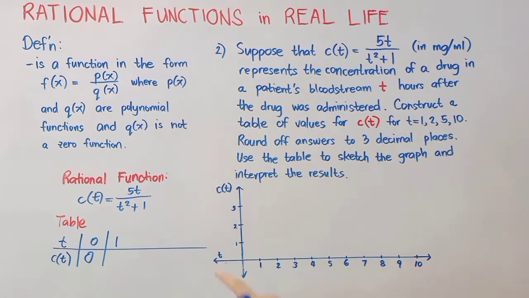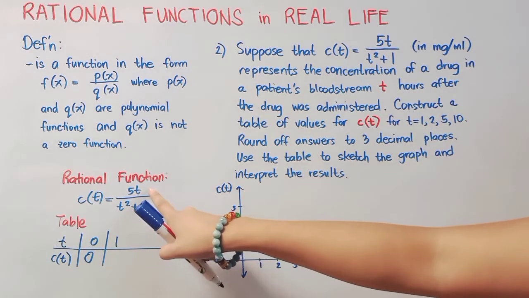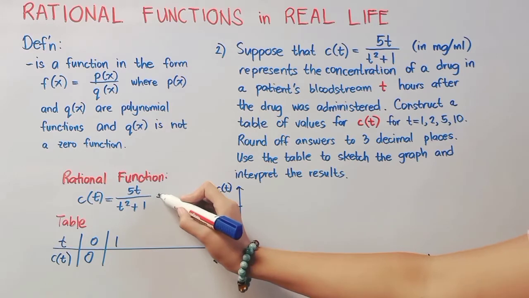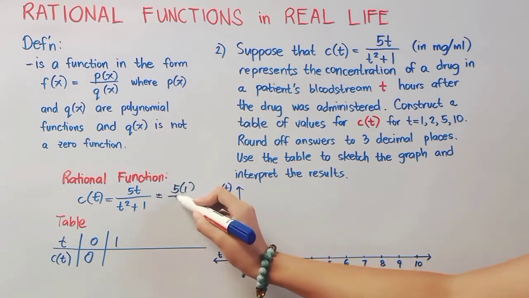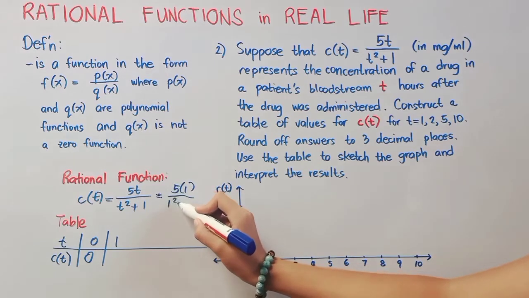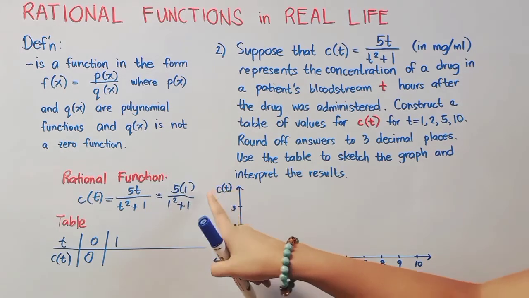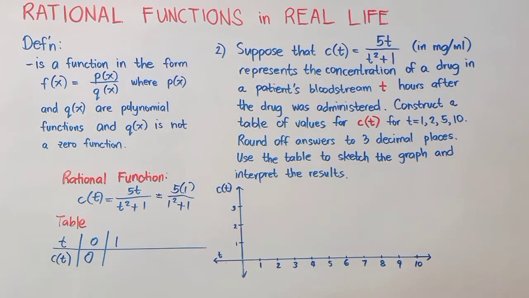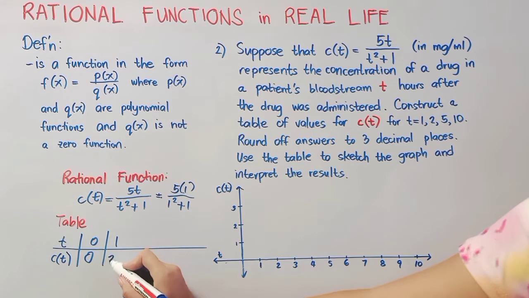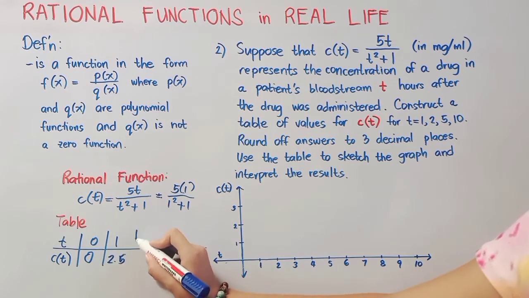Let's proceed to 1. Again, to get our c of t here, we will simply substitute our value of t in this function. So 5 times our t, which is 1, all over 1 squared plus 1. So this is 5 divided by 2. So we have 5 over 2 or 2.5 in decimal.